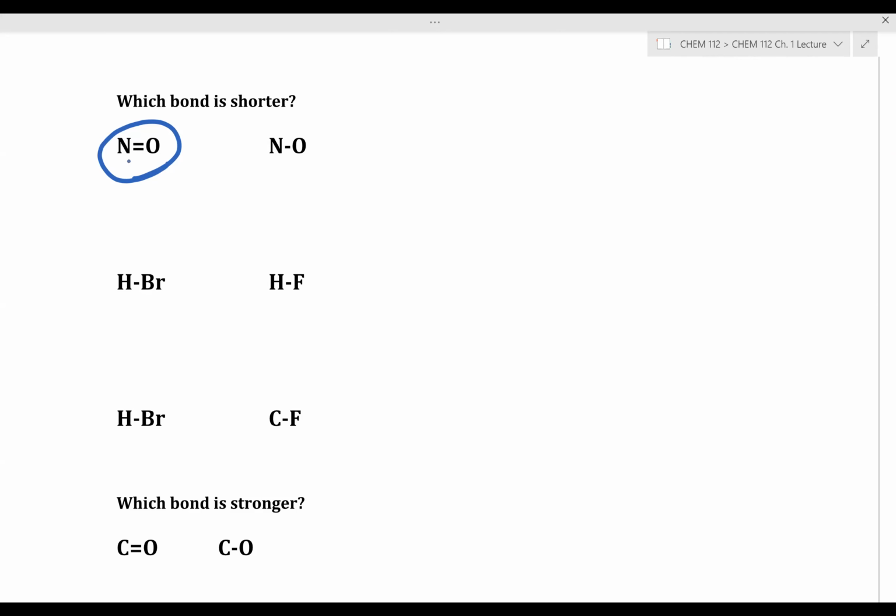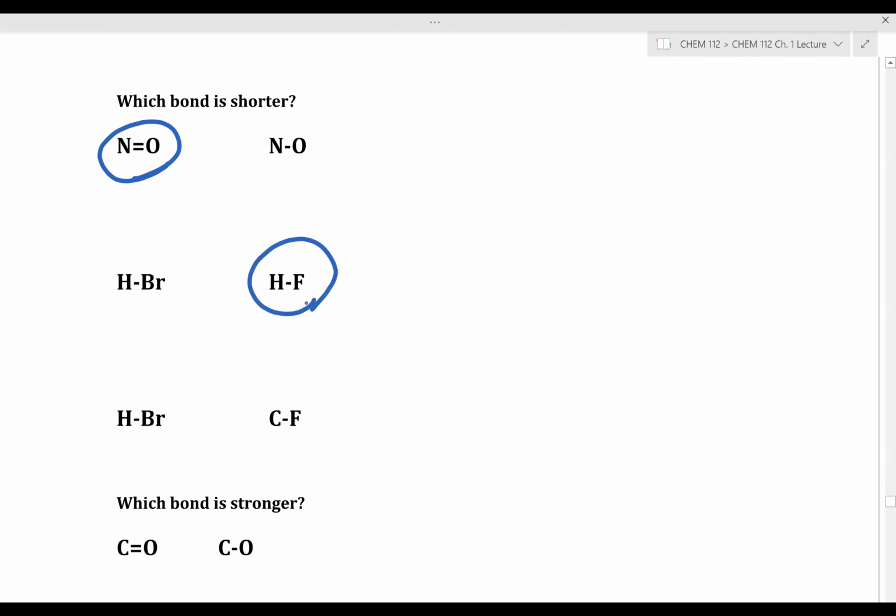So because we compare fluorine and bromine, fluorine is smaller. So just to discuss bond length, in general, if we have a smaller atomic radius, is our bond length going to be shorter? Yes. So which of these two atoms, bromine or fluorine, has the smaller atomic radius? Fluorine.